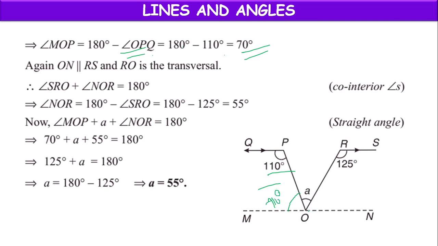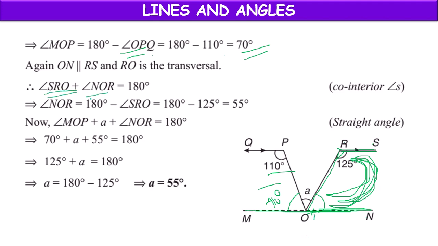And this ON part: because MON is parallel to RS, ON also will be parallel to RS, and this is the transversal. Now these angles NOR and ORS are co-interior angles on the same side of the transversal, so they also make a supplementary pair.